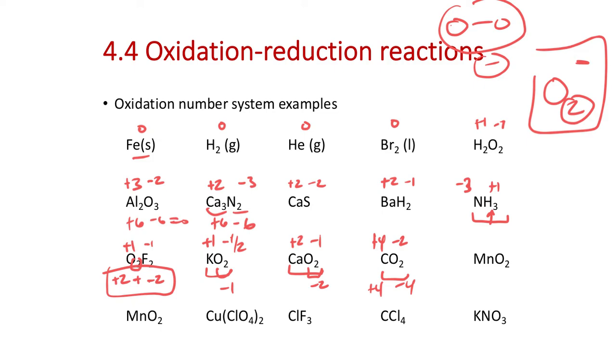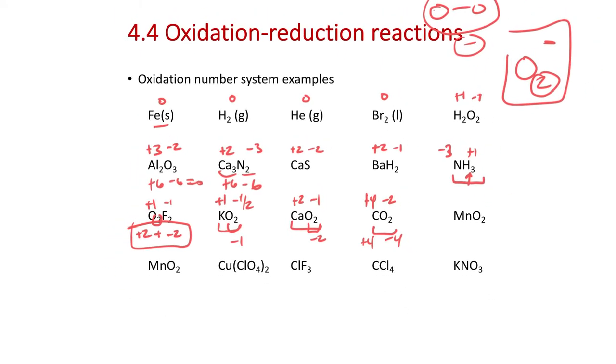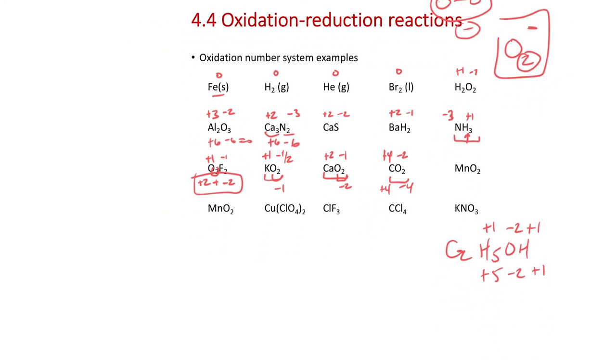If we were to look at an alcohol, like ethanol, I think carbon works out to be a fraction there too. So if you look at C2H5 with the OH group, you have +1 for hydrogens by rule, -2 for the oxygen by rule, so you end up coming up with +5, -2, +1.